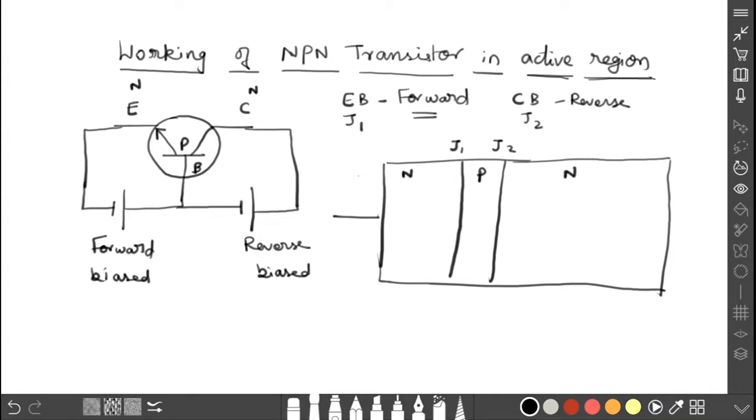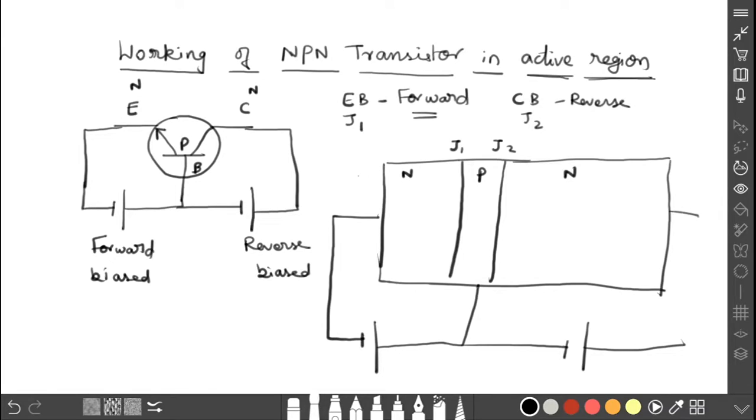J1 is connected for forward biasing, so N type is connected to the negative terminal and P type to the positive terminal. For junction 2 it is reverse biasing, so P should be connected to the negative terminal and N to the positive terminal of the battery. This is the connection we have given.